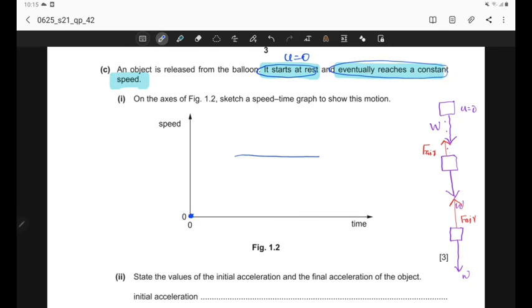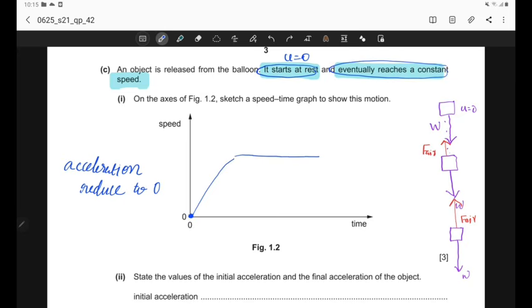Because of the presence of air resistance, we can conclude that the acceleration acting downwards will start to reduce gradually, and finally it will become 0. That's why we get a horizontal line at the end, where acceleration will be 0. In between, the acceleration should decrease gradually because the air resistance is increasing.